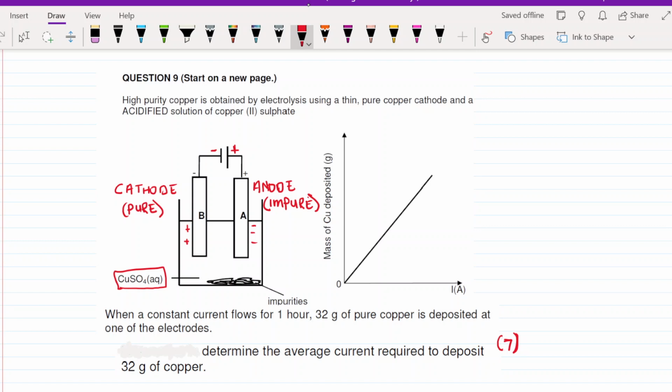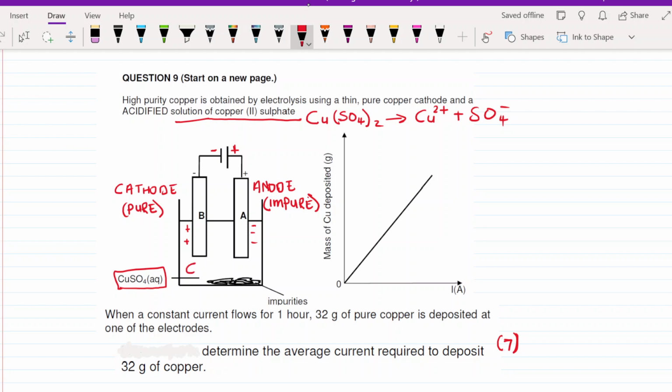But if you look at the statement up there, they said the solution is of copper 2 sulfate. That means that solution is copper 2 sulfate. If you break this down, it's going to look like this. So this is the solution that we have here, copper 2 sulfate.